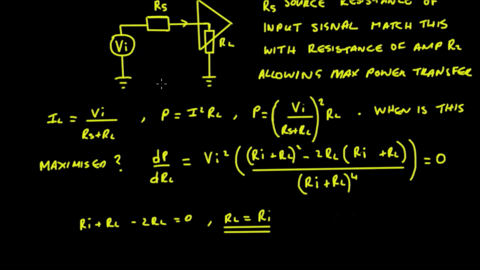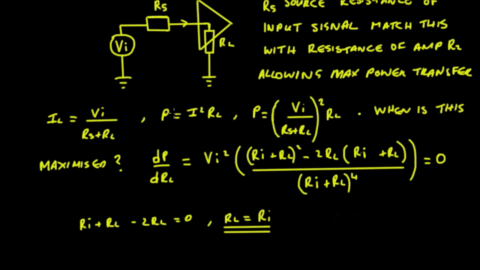So in order to get maximum power transfer, we have to make the load resistance equal to the source resistance, and you can see that here, because the current through this little network is the voltage Vn divided by the total resistance, which is Rs plus RL, and we know that the power of the output here is going to be equal to I squared times RL.